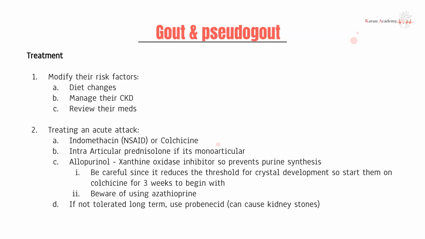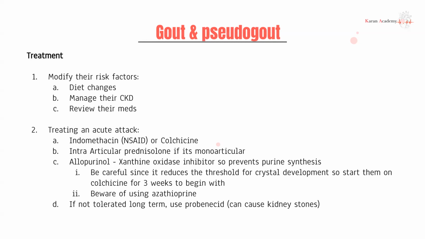Now, what do I mean by threshold for crystal development? In every person, they will have uric acid levels. So uric acid floating around in their bloodstream, which is not in a crystal form. And that's normal. You will have some uric acid because it is part of that normal metabolic pathway.